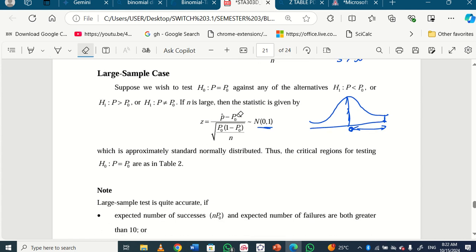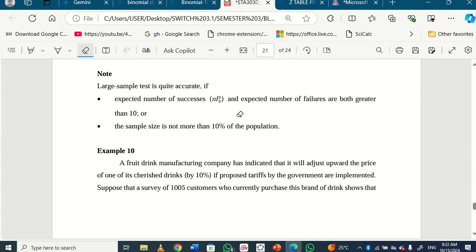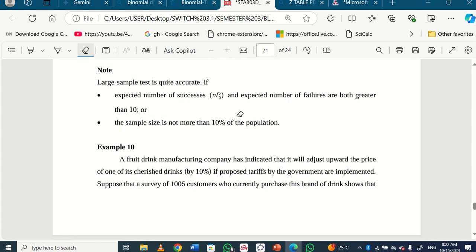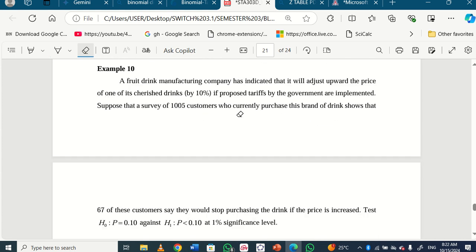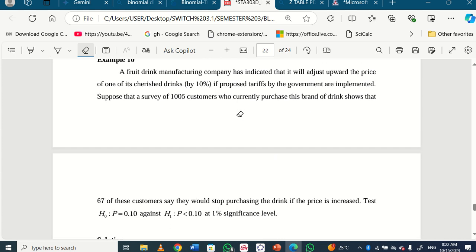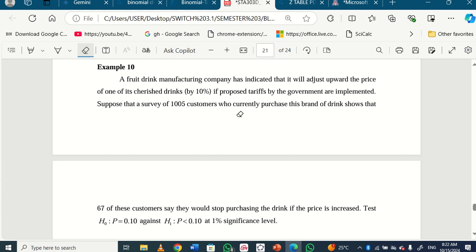Now I want us to pick an example, then we solve. Let's look at this question. A fruit drink manufacturing company has indicated that it will adjust upward the price of one of its cherished drinks by 10% if proposed tariffs by the government are implemented.